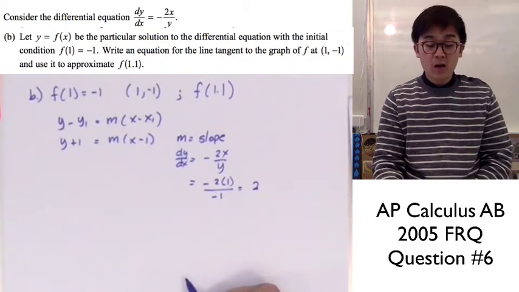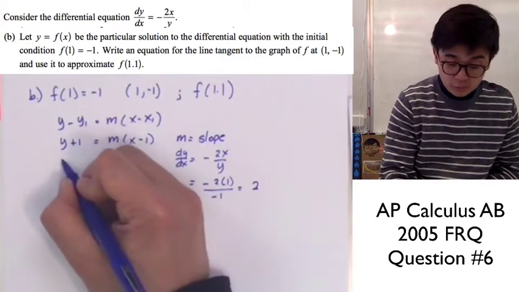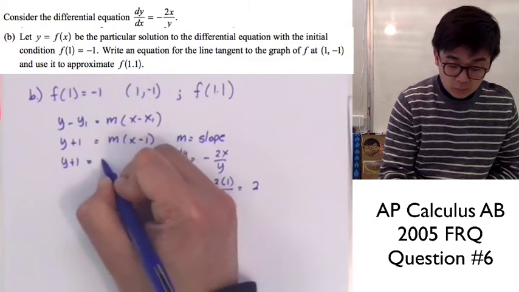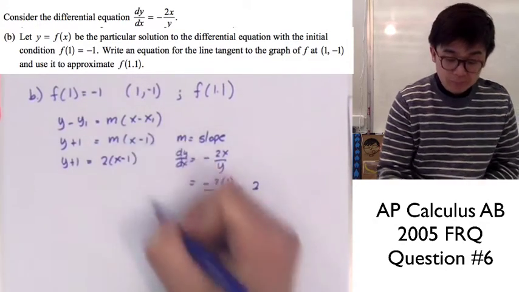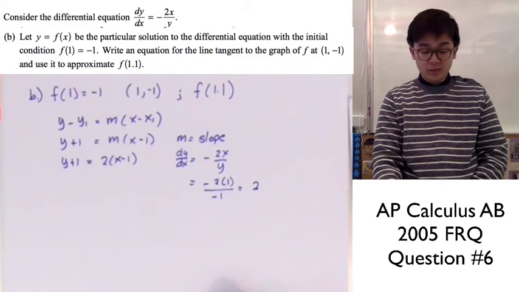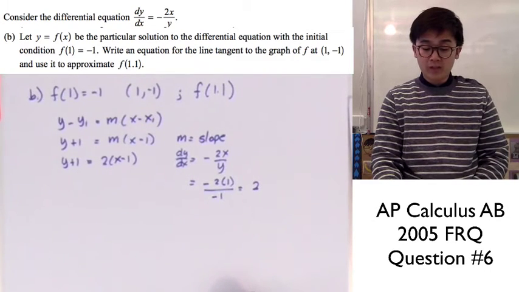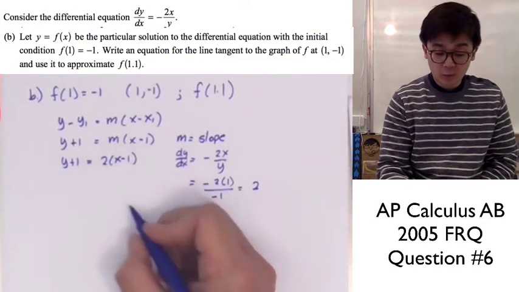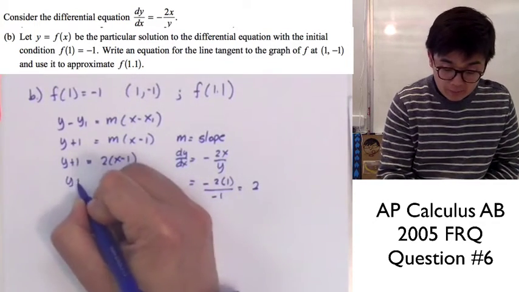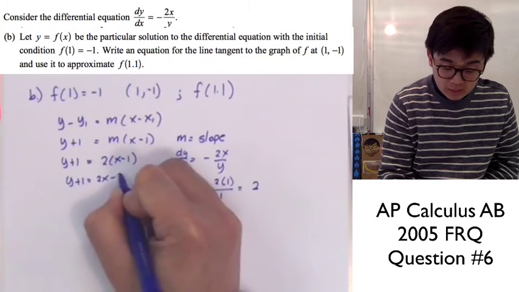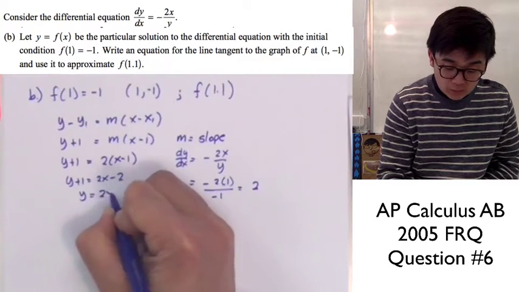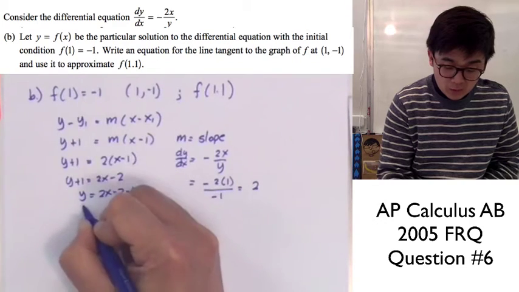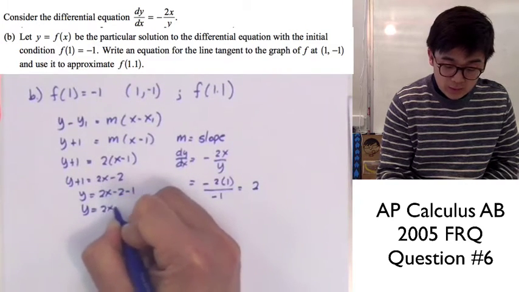So the slope of this tangent line is 2, so we have y plus 1 equals 2 times x minus 1. By simplifying this, we'll be able to find the approximated value of f of 1.1 by isolating y. We'll have y plus 1 equals 2x minus 2, y equals 2x minus 2 minus 1, so y equals 2x minus 3.